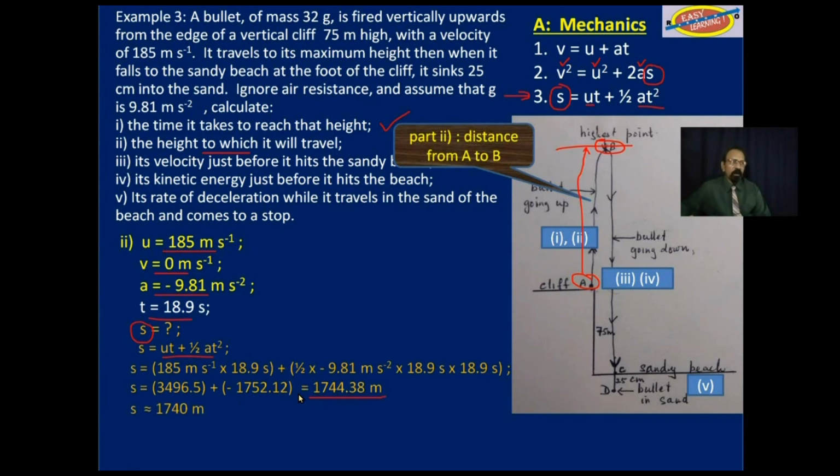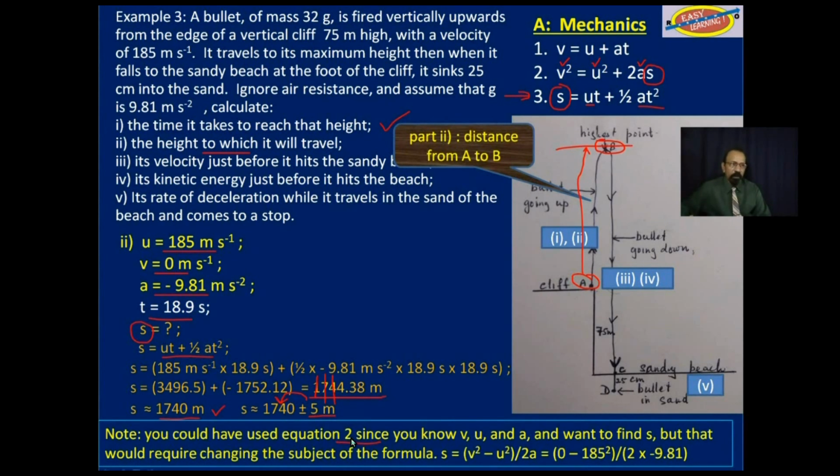We have to round off to three significant figures, which will be 1, 2, 3. So we will get 1740 meters. That may not be sufficient for CSEC. We may need to add plus or minus 5 meters, indicating that we are rounding off at the tens position.